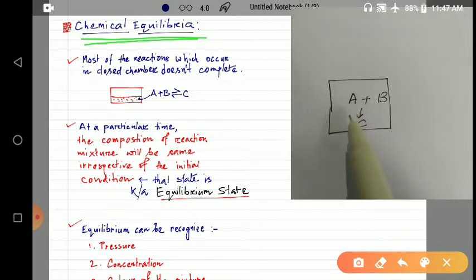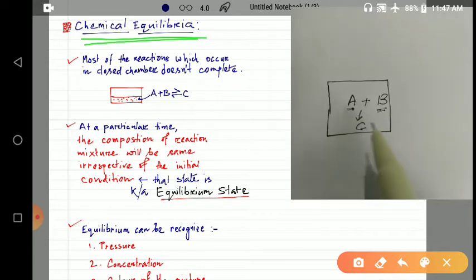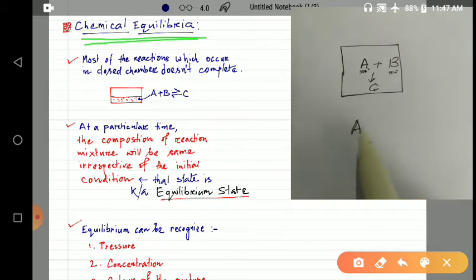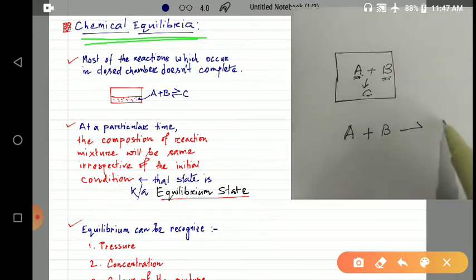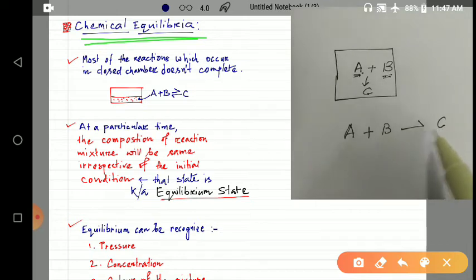That means you have an excess amount of A and an excess amount of B, and we already know that A will react with B to give C. So after some time, though some amount of A and B remain in that closed vessel, they will not form C. The meaning of this is that A and B will form C, but after some time, from C again A and B can form.